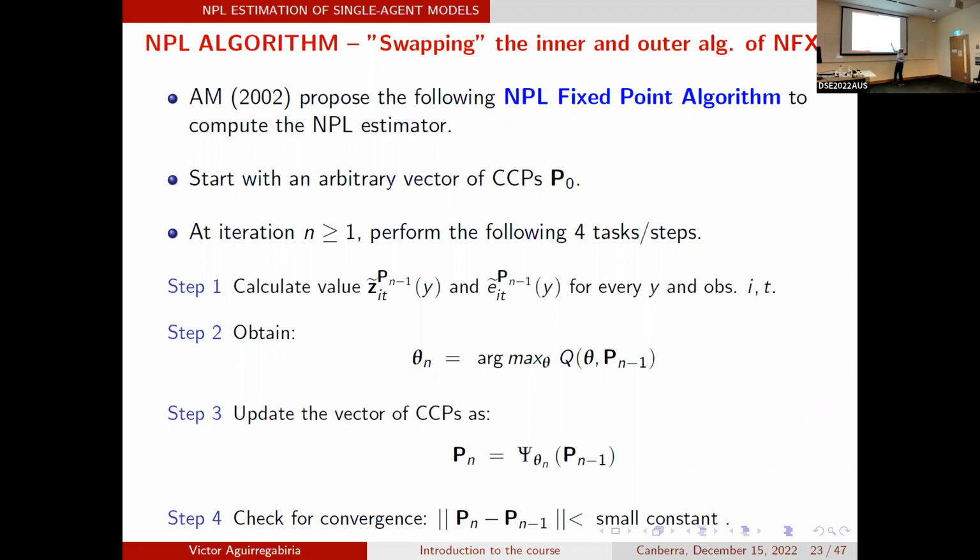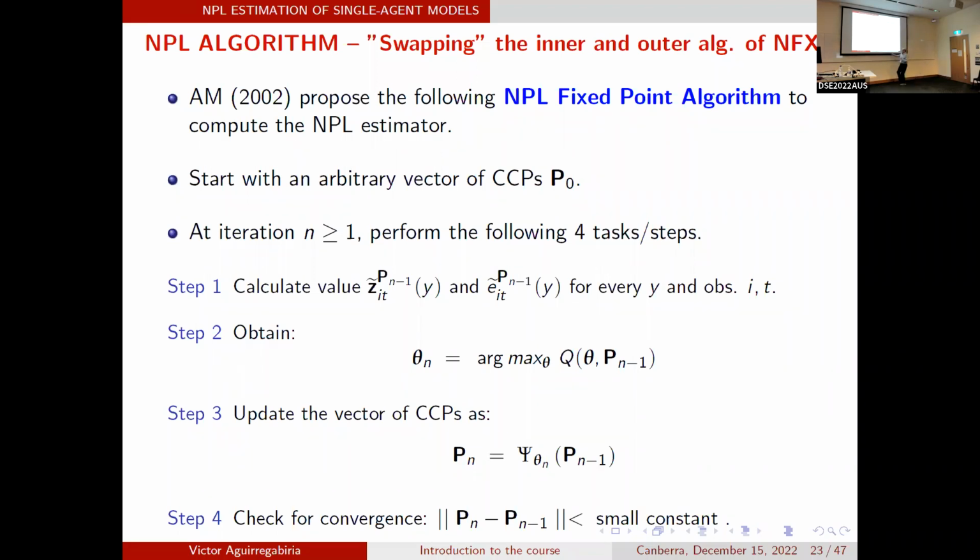And it also enters because this theta n depends on Pn minus 1. Then this first channel of the effect of P is a contraction. We know that the Polish iteration mapping is a contraction, and the way that P enters here in this way is a contraction.